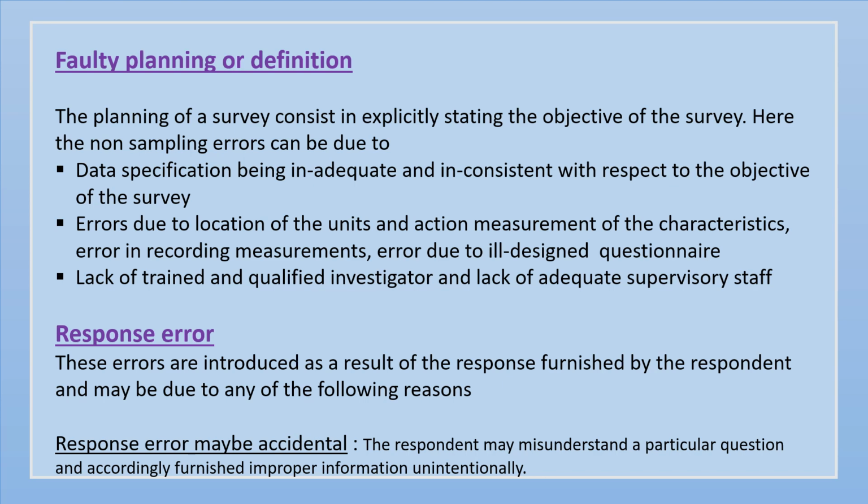Here the non-sampling errors can be due to data specification being inadequate and inconsistent with respect to the objective of the survey, errors due to the location of the unit and actual measurement of the characteristic, error in recording measurements, error due to ill-designed questionnaire, lack of trained and qualified investigators and lack of adequate supervisory staff.